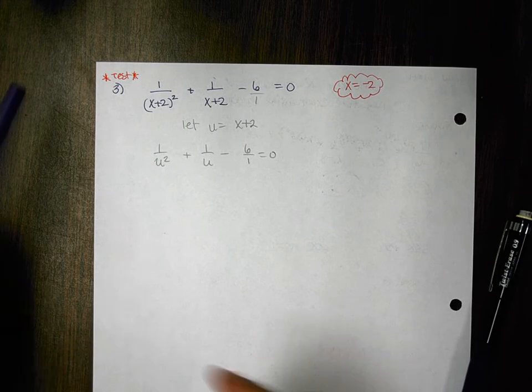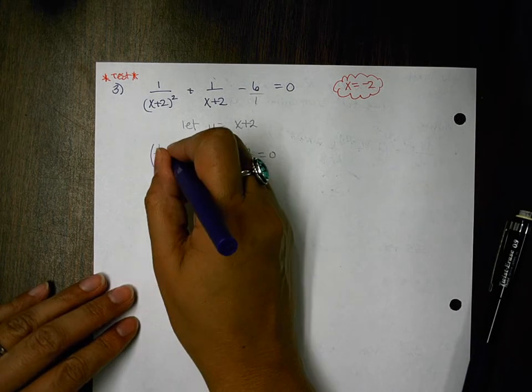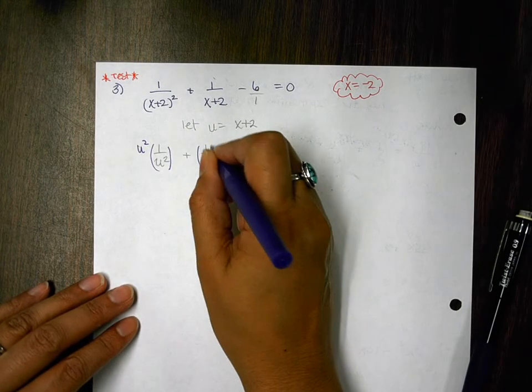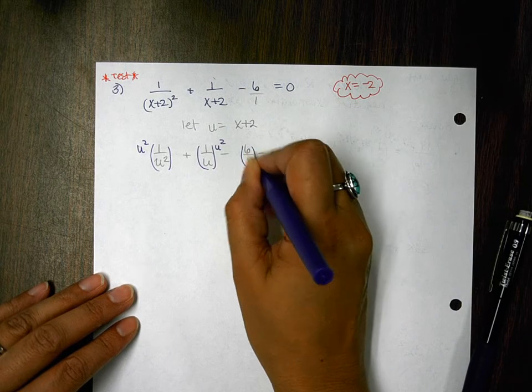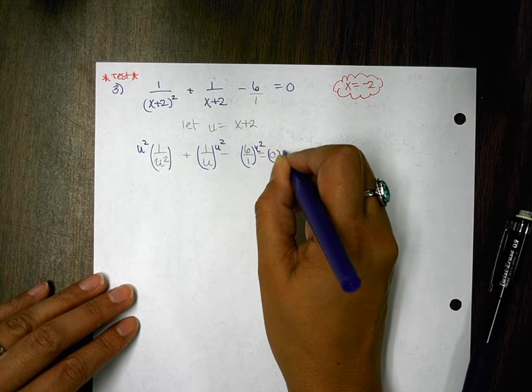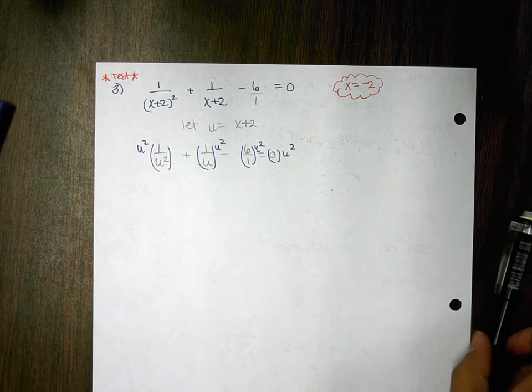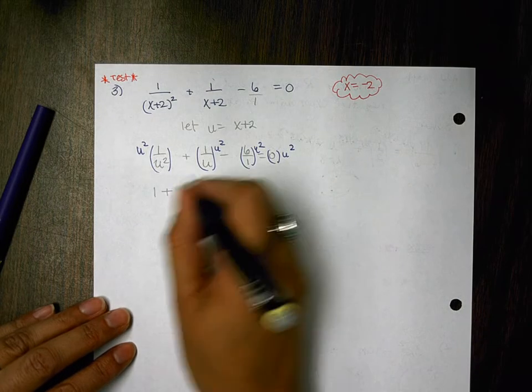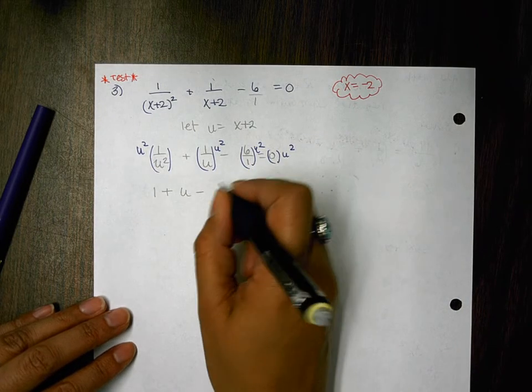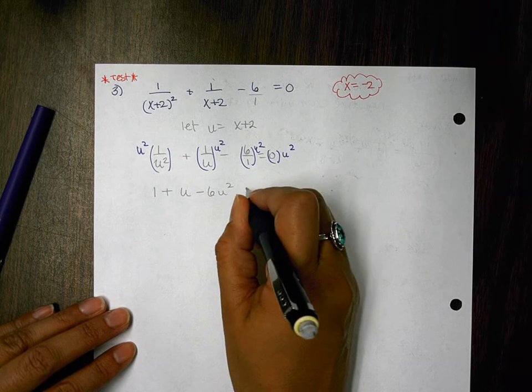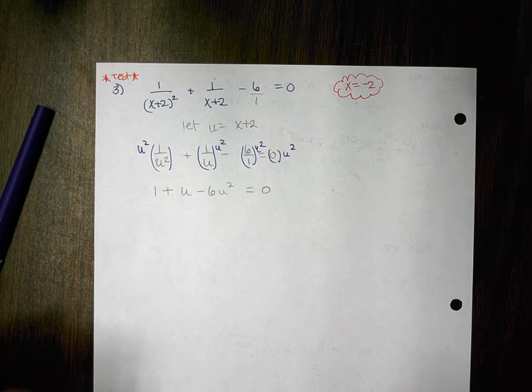I'm going to multiply everything by u squared. All right, I end up with 1 plus u minus 6u squared equals 0.